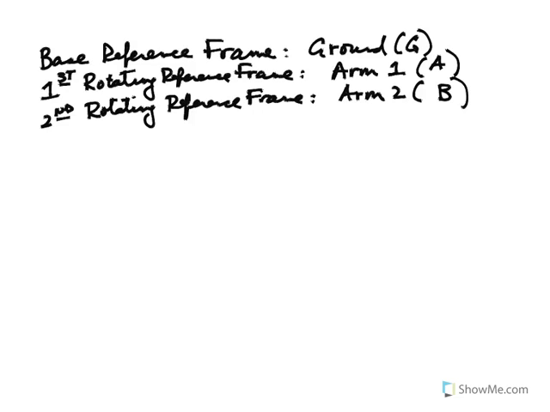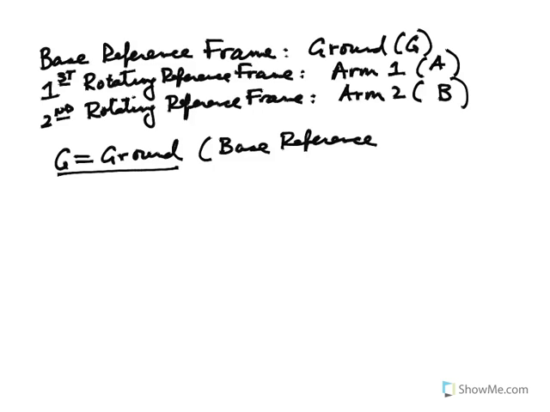So now let's go through and define coordinate systems that are fixed in each of these reference frames. So G is the ground, which, remember, is the base reference frame. And the coordinate system that I'm going to fix to the ground is going to have its origin at point O, because O is the hinge point of the first arm, and that's fixed to the ground.